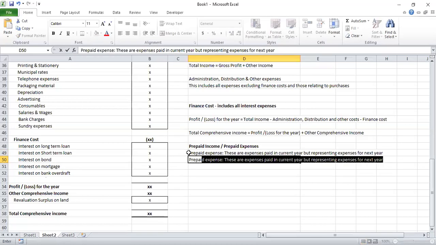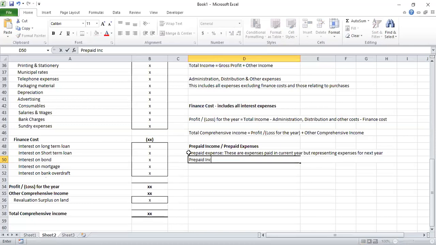Then prepaid income. This is income for next year, received in the current year. Let's say the school has got a student and the student pays fees for 3 years in the current year. Right.